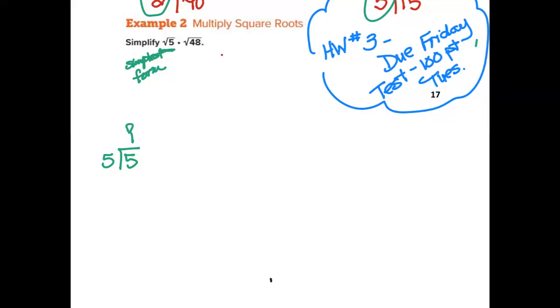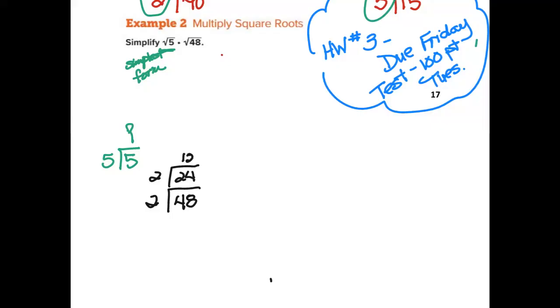We do need to use the cake method on 48. So let's do that with 48. Put it on the bottom layer. 48 is what kind of a number? Even. So that means it's divisible by 2. Very good. 48 divided by 2 is 24. 24 is what kind of a number? Even. So divide that by 2.